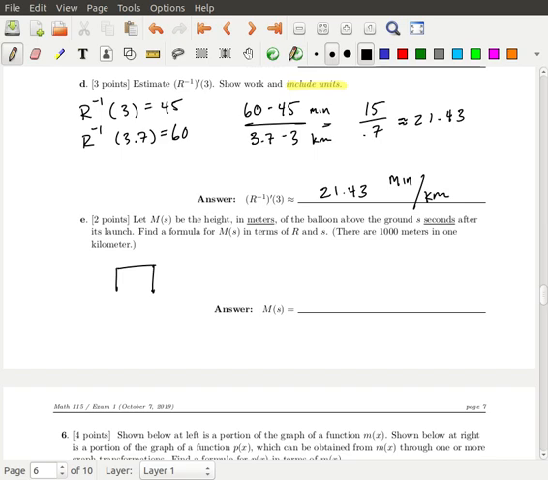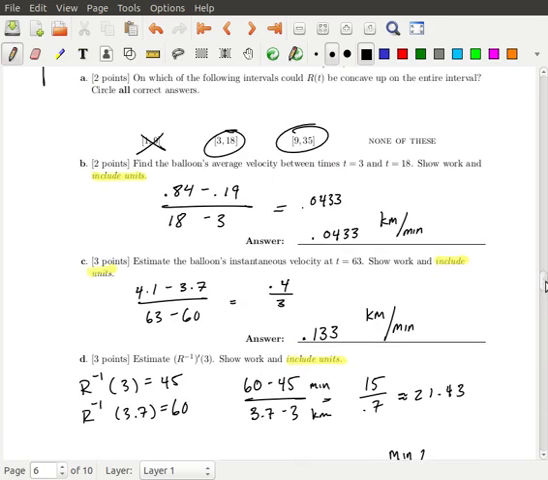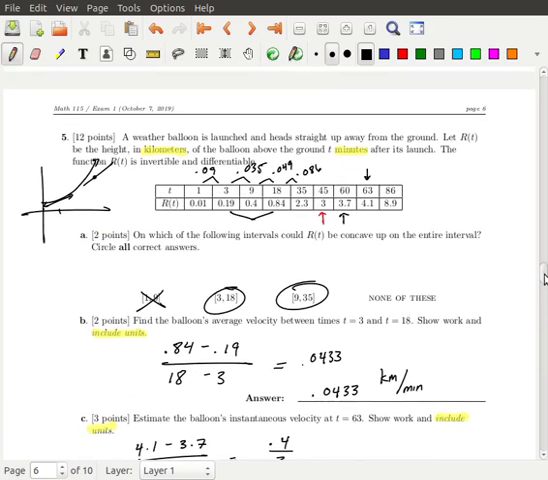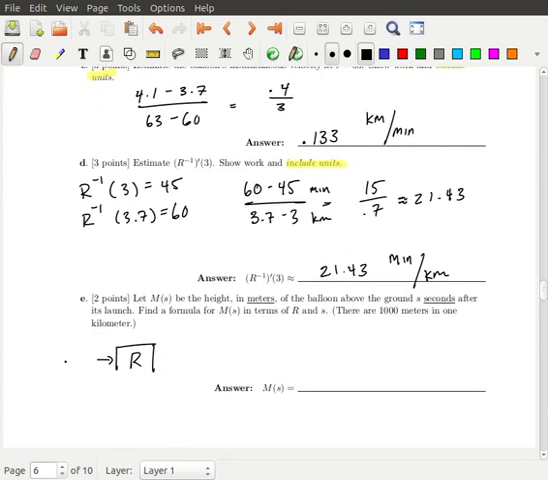So I like to think about functions as machines or boxes that have inputs and outputs. So like our original function r, it takes in time in minutes, and it produces height in kilometers.